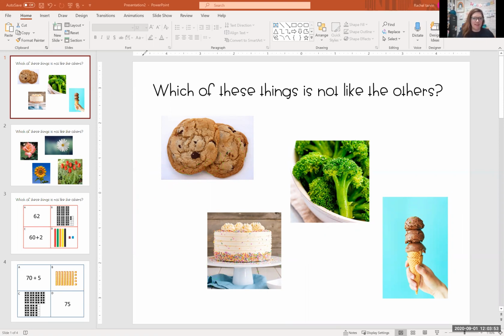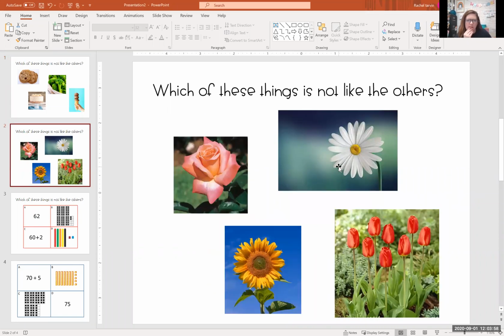Let's look at the next one. Which one of these is not like the other? Well, I'm a little confused because they're all flowers, right? So they're all the same. Is one of them different? Wait a second. What if we counted the flowers? Let's look. I've got one flower there.